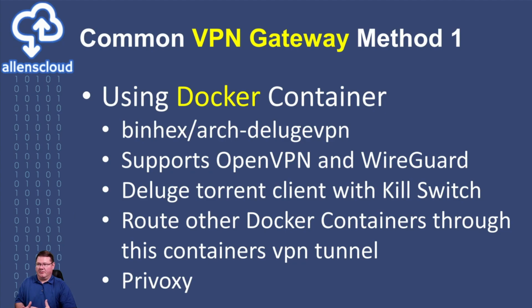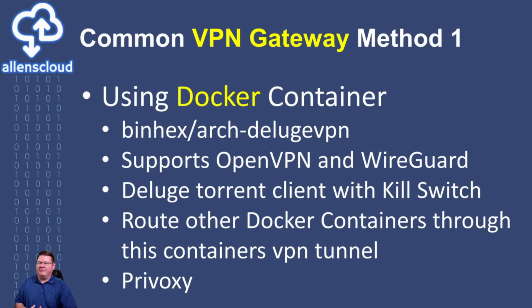And when you set this up, of course, you have a torrent client that is using the VPN tunnel that gets established, and it has a kill switch installed in it, basically using IP tables, so that if the VPN connection goes down, none of the traffic from the torrent client actually will get out over your regular internet connection. So that's a big concern, and why kill switches come in so handy.